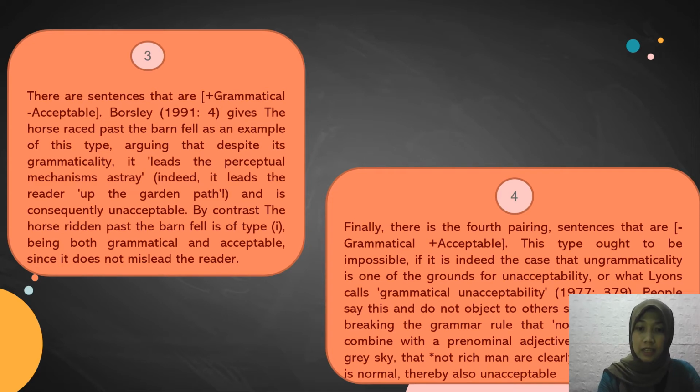People say this and do not object to others saying it, despite its breaking the grammar rule that cannot generally combine with a prenominal adjective. "A not gray sky" and "that not rich man" are clearly ill-formed, and as is normal, thereby also unacceptable.